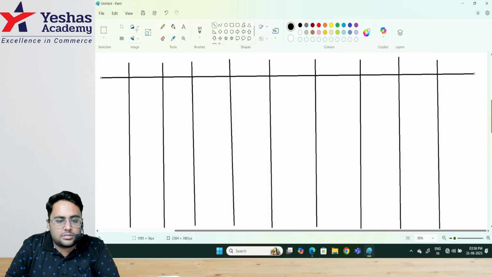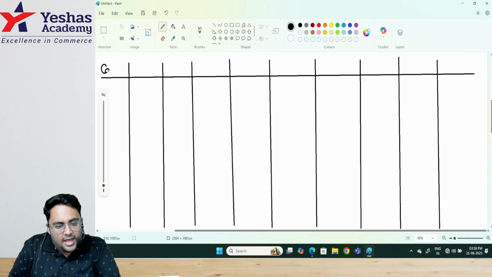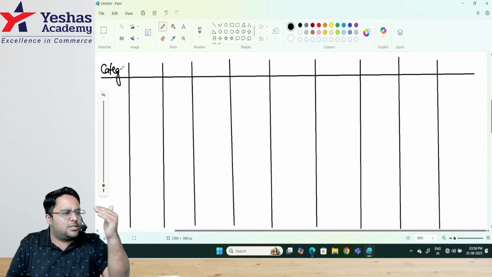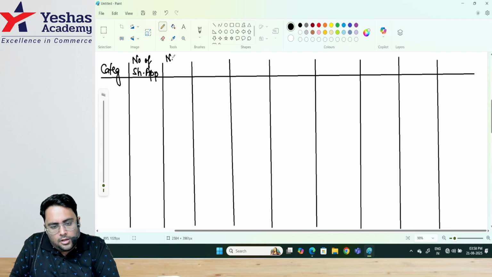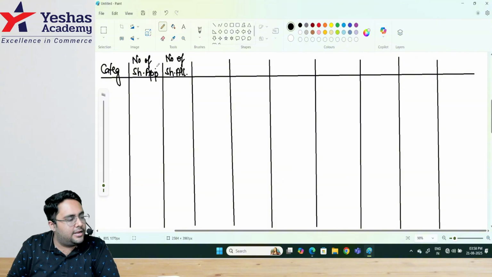I'll repeat the columns. Everybody together, what do we have? Category, that is your A, B, C, whatever categories are there. Then you have number of shares applied, number of shares allotted. Is that clear? Yes or no?